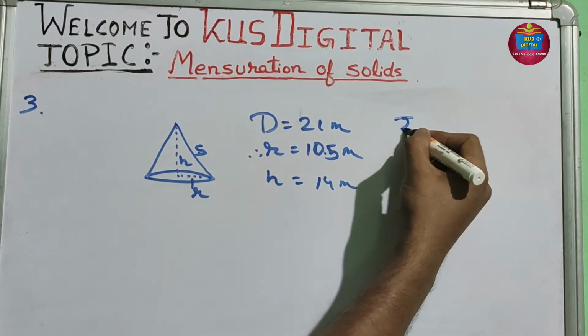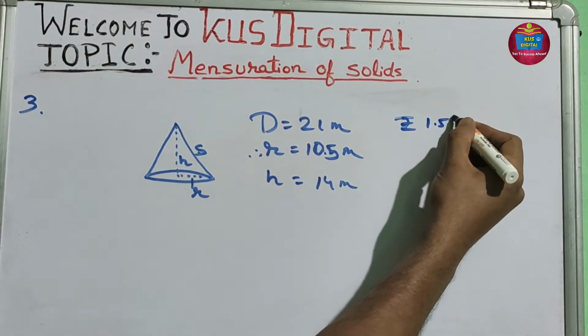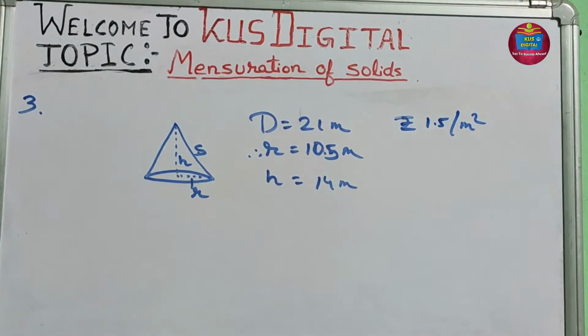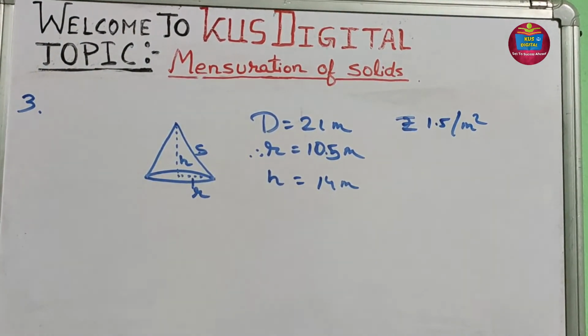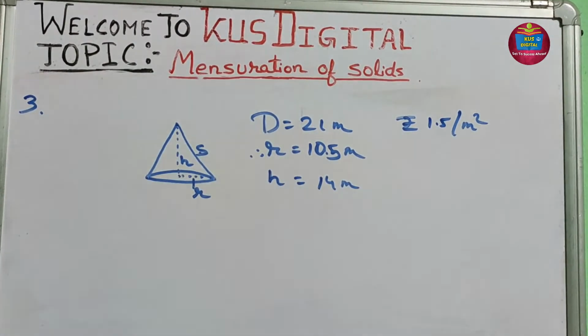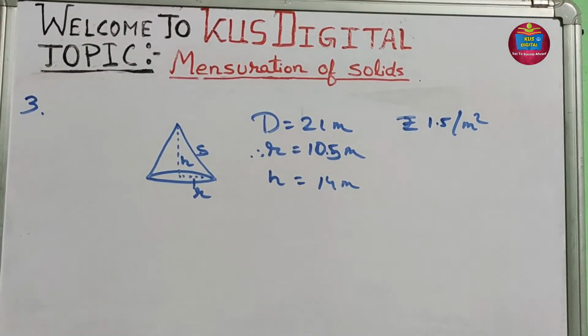So cloth cost is rupees 1.5 per meter square, and we have to wrap this cone and not its base. It is given in the question.